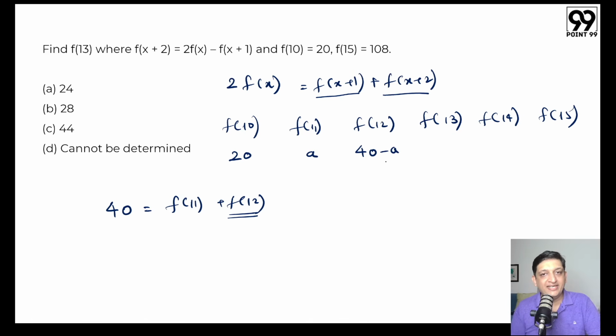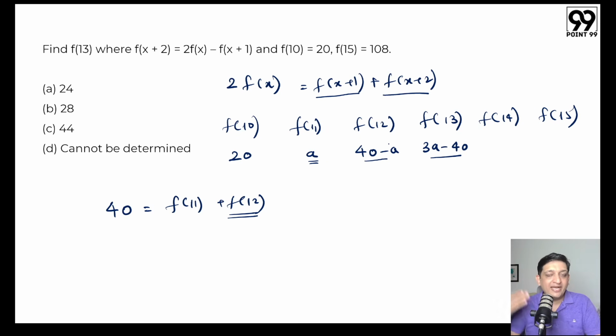You can also look at this. If you add these two, you are going to get twice of 20. Similarly, I will be able to figure out F13 as well. Now I know that this is A. So the sum of these two should be equal to 2A, which means that this 40 has got no place in my solution. So I'll balance it with a minus 40. And because I need to get a 2A by adding these two, I will be able to write 3A here. Why? Because I already have a minus A, but I need 2A.